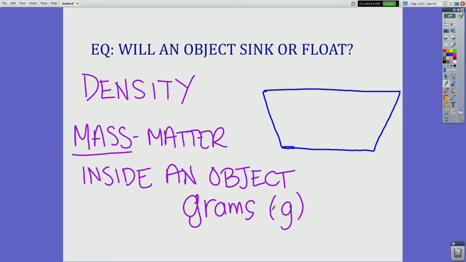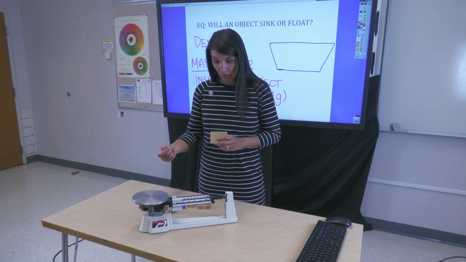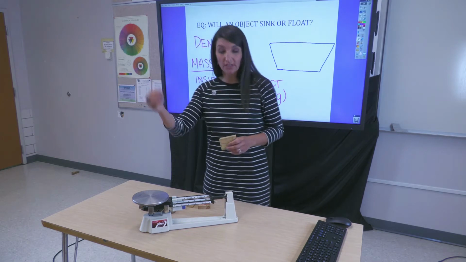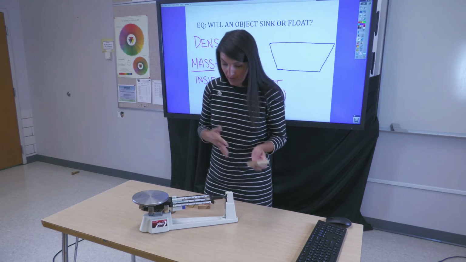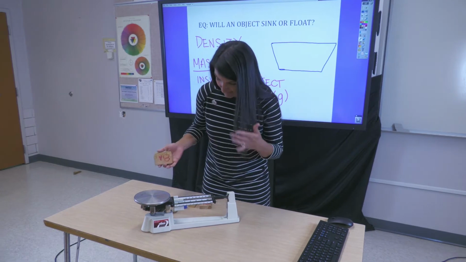And when you look at this piece of equipment called the triple beam balance, hopefully you've had some exposure to it, and it starts to really get your mind flowing. Where could I initially look to find the mass of this object?